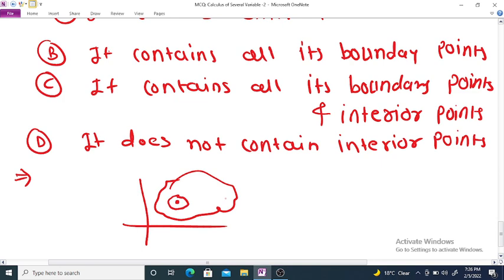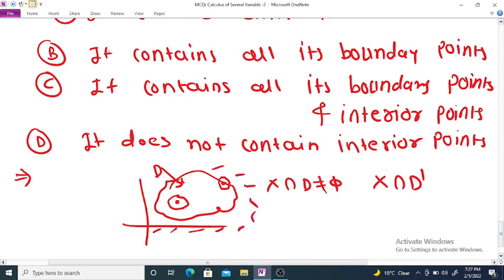But this other point is called a boundary point, because suppose this is the region D, then X intersection D is not equal to empty, and X intersection D complement, the exterior points, is not equal to the empty set.